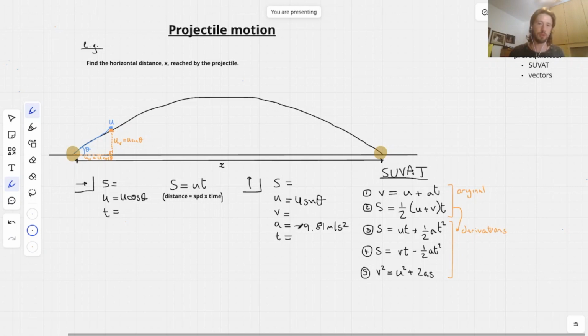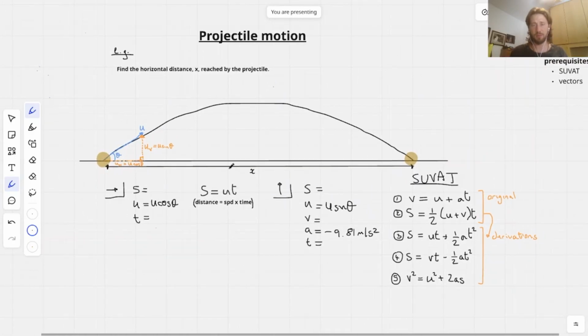Now, why do I put a minus here? Because projectile motion uses vectors, right? We're using displacement, we're using velocity, initial, final, we're using acceleration. Those are all vectors, so direction matters. And when we're dealing with vectors, we always need to choose a positive and a negative direction.